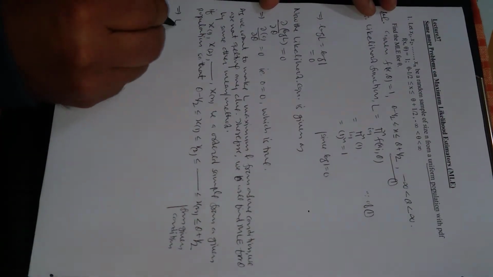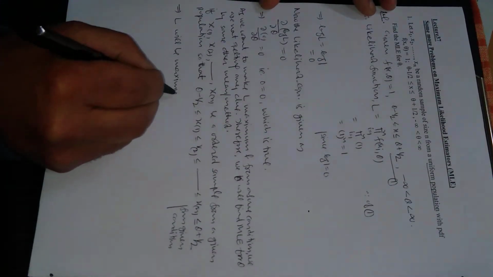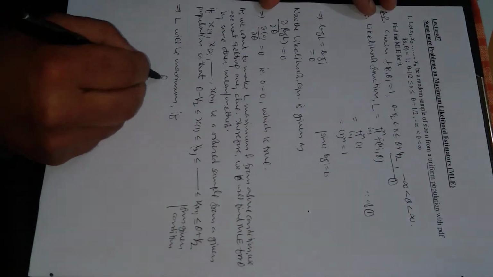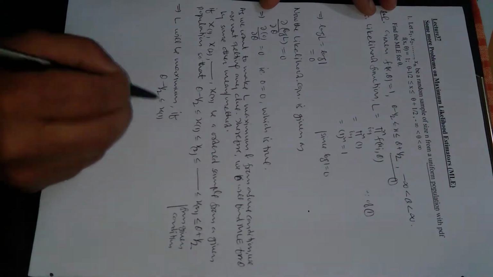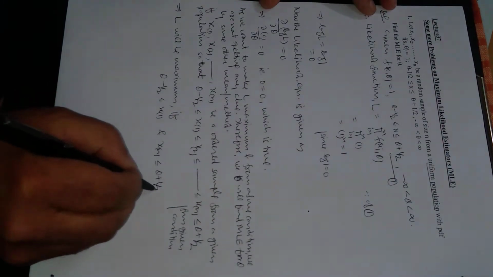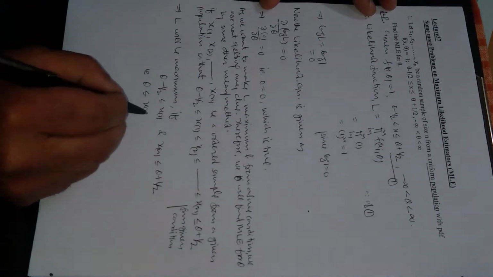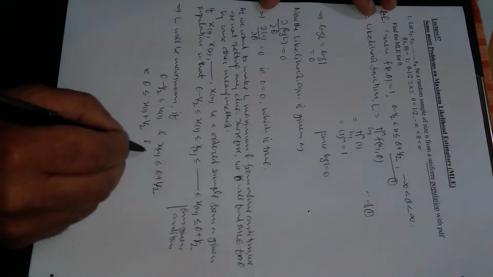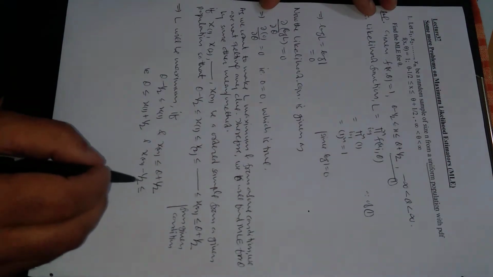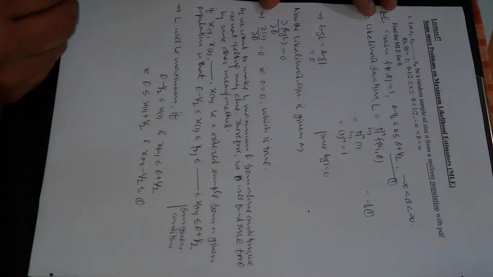This implies L will be maximum if theta minus half is less than the first sample observation and the nth observation is less than theta plus half. That is, theta is less than x1 plus half, and xn minus half is less than theta.